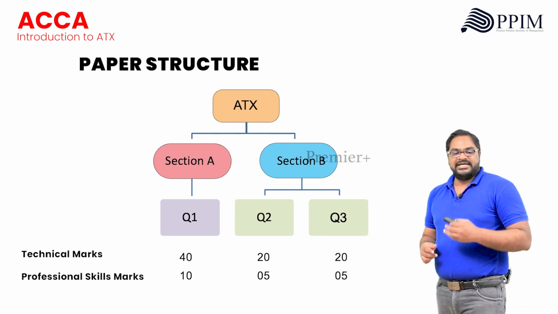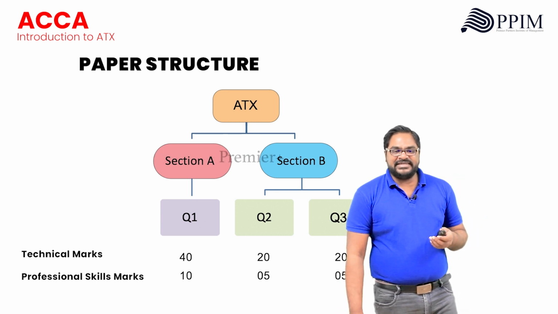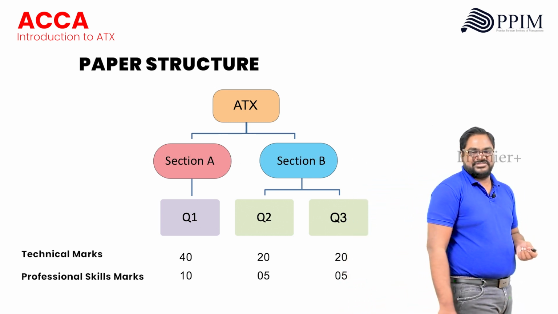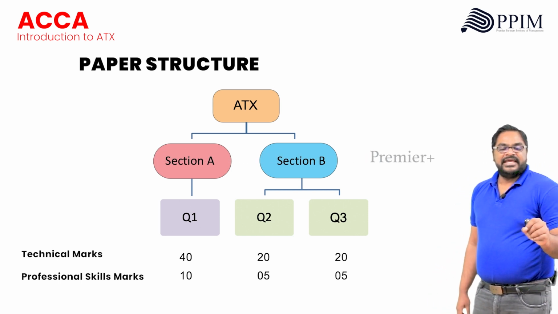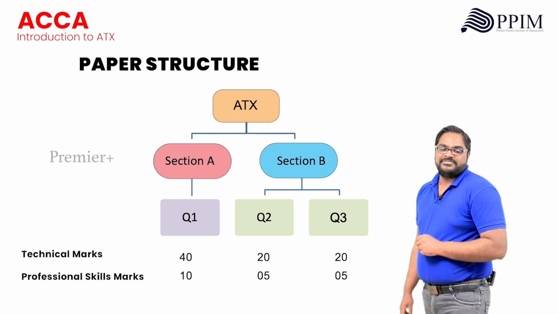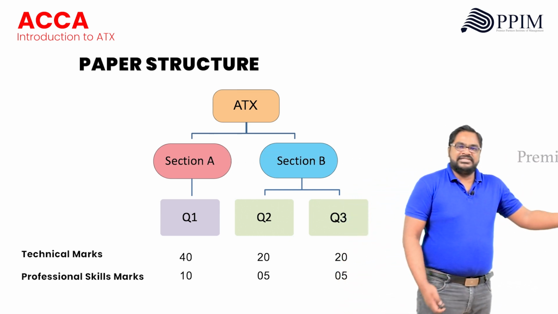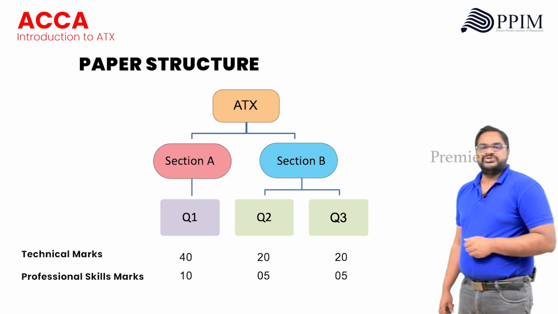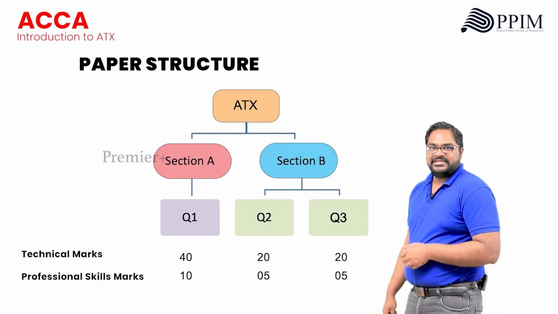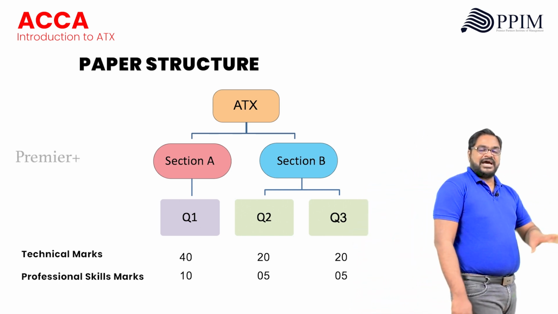For Section A, Question 1, you will have 40 technical marks and 10 professional skills marks. This is something new which was introduced in June 2023. That was the first exam in which they tested professional skills up to this level.